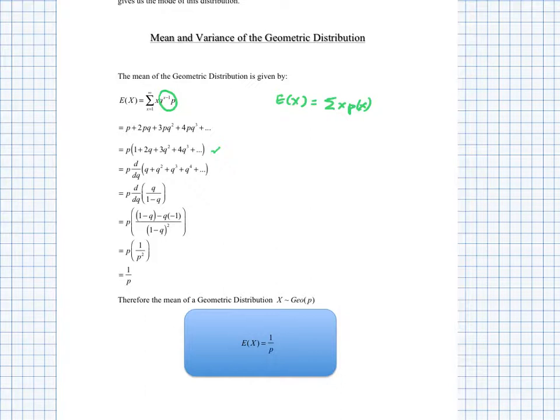What I did is that I know that the series is nothing more than the differentiation of another series with respect to q. And we know that this series here is a geometric series, geometric sum to infinity.